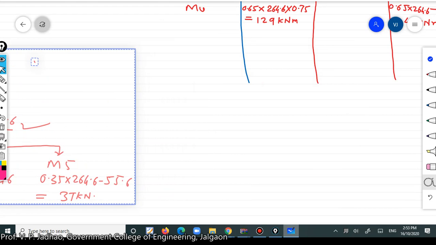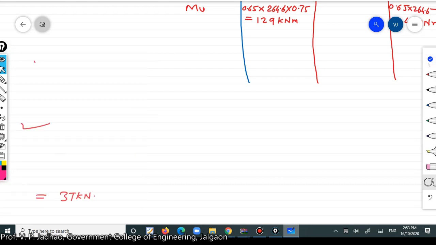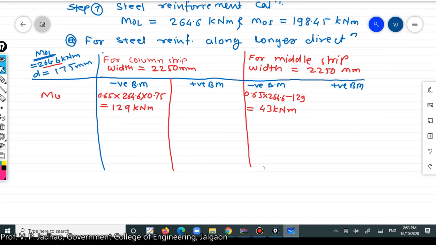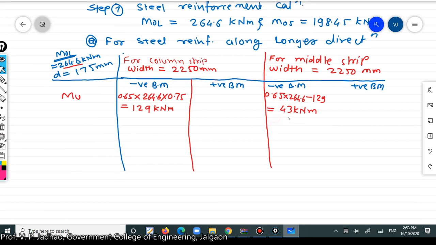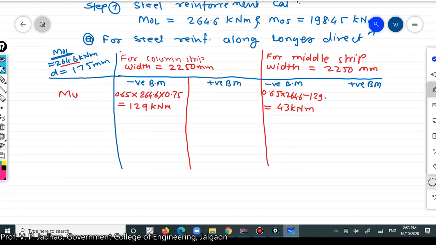Okay, I will just write those calculations in this table. So we have got 75% of the negative bending moment distributed here, and the remaining 25% is distributed here. Now, out of the positive bending moment, 60% is taken by the column strips.